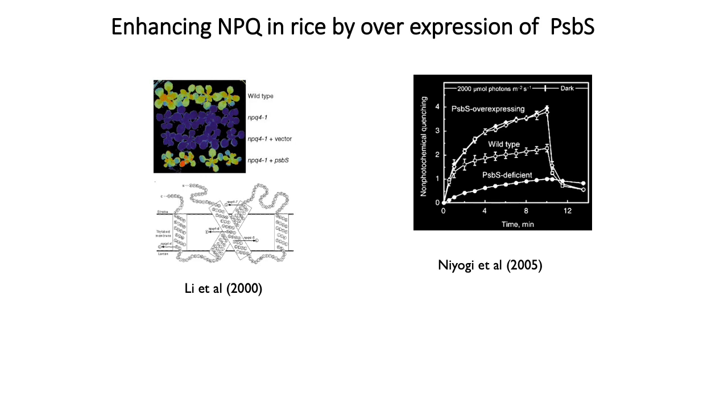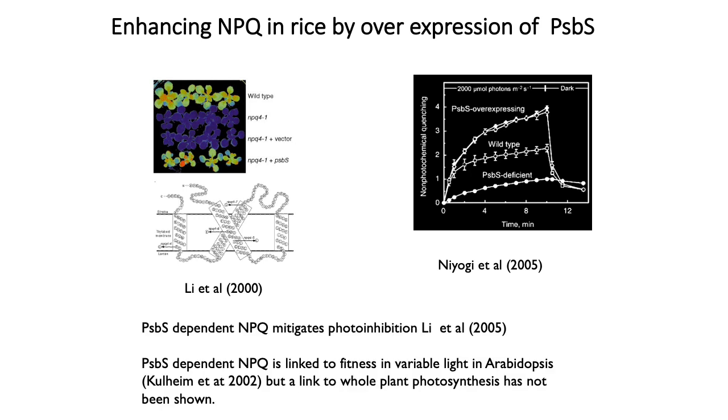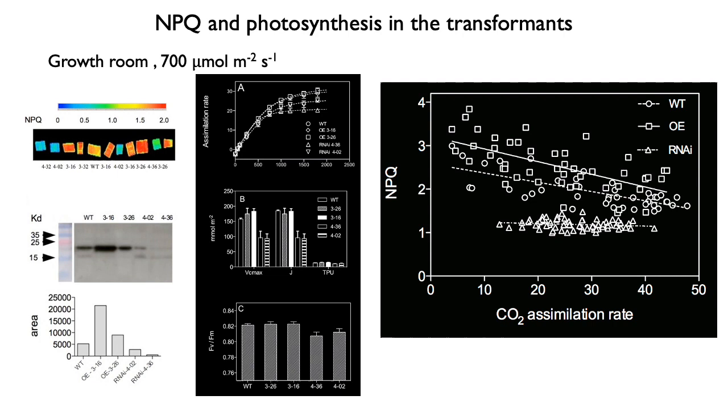So the more PSBS you have, the higher the NPQ capacity and the faster NPQ is induced. We overexpressed PSBS in rice leaves and used RNAi technology to reduce the level of PSBS in rice leaves, and we were able to show this had minimal effect on the rate of photosynthesis of plants growing in a growth room.